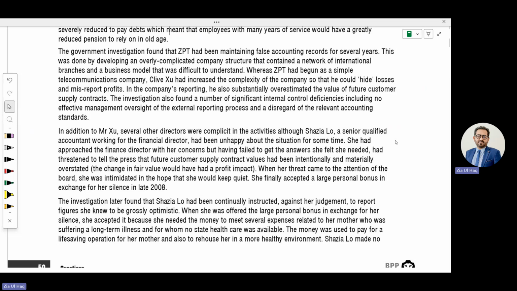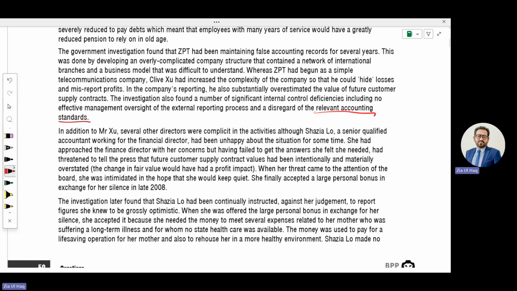The investigation also found a number of significant internal control deficiencies, including no effective management oversight of the external reporting process and a disregard of the relevant accounting records, meaning the company was not following accounting standards while preparing financial statements, so that they could overstate results.